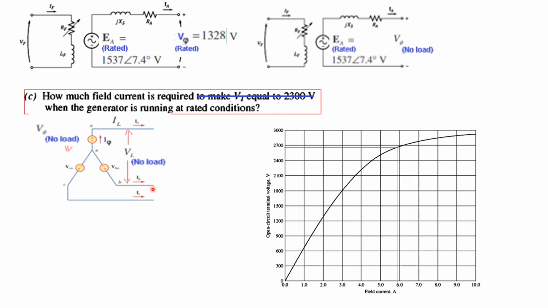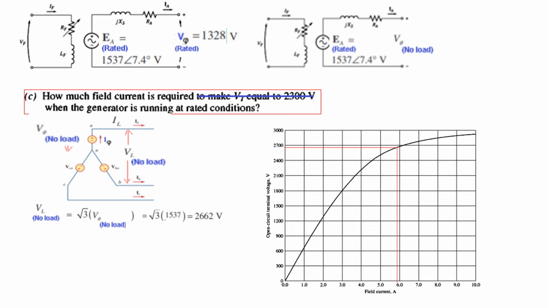And we know this diagram for the Y connection, V phase and V line, and you know that V line is under root 3 times greater than V phase. So V line no load we can say is under root 3 times V phase no load, and V phase no load we have determined from here to be the same, 1537.